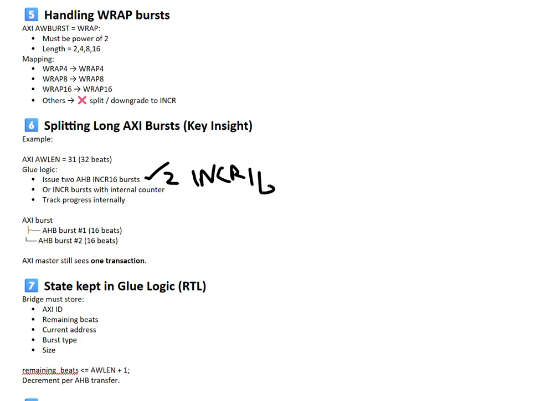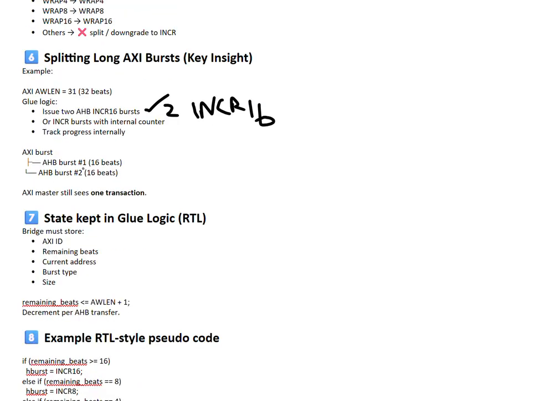Or an incremental burst with an internal counter, or yeah, this will be a better way, or we can go for an INCR with multiple transactions with multiple bursts. So the AXI burst becomes an AHB burst of 16 beats, and another AHB burst of 16 beats. So this totally will be able to get the 32 beats here.